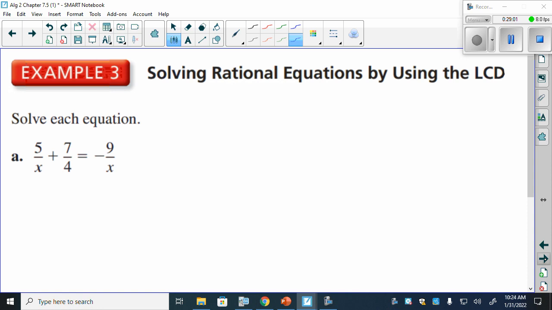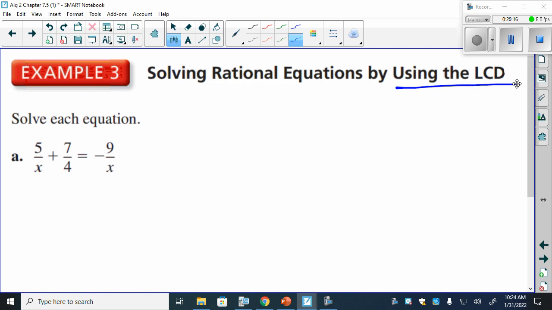Now, as we can see here, solve rational equations using the least common denominator. So they've removed the cross multiplication, and the reason we can't do that is because there's not just 2 fractions, we have 3.